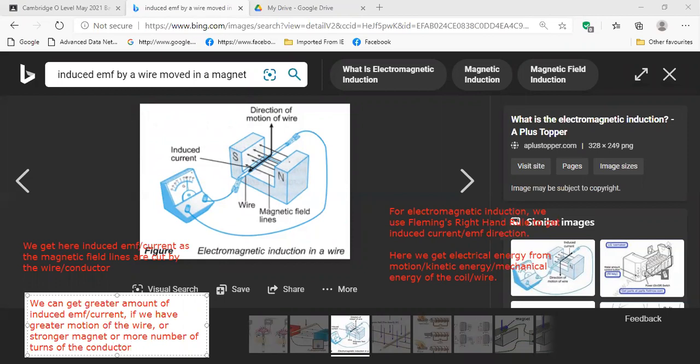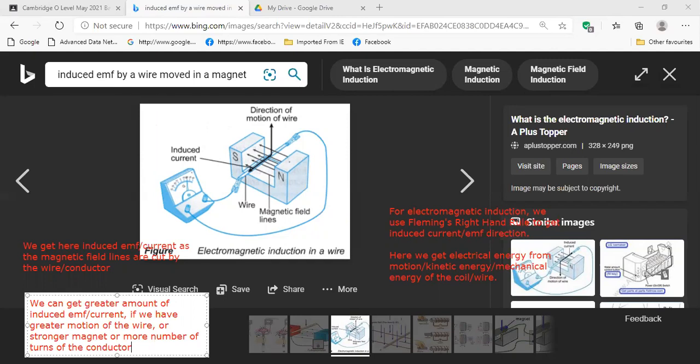If you have more number of turns, that means more magnetic field lines are cut, right? If the magnetic field lines are cut more, then there will be more induced EMF, isn't it? So three things.